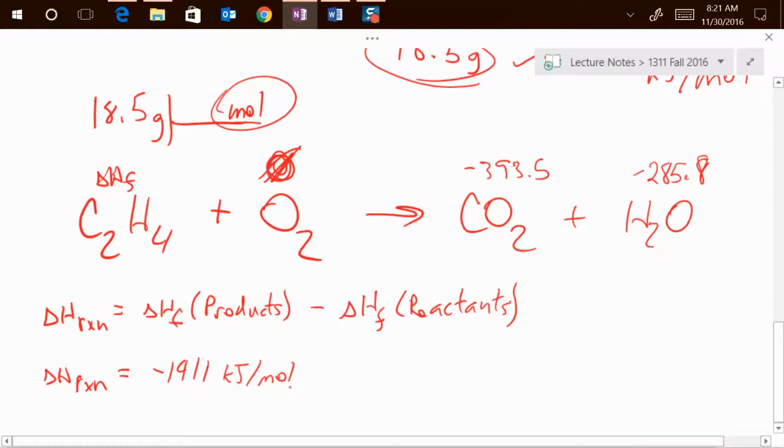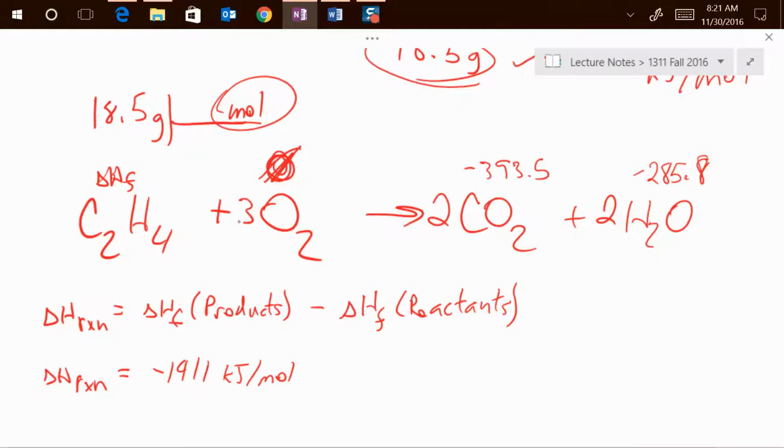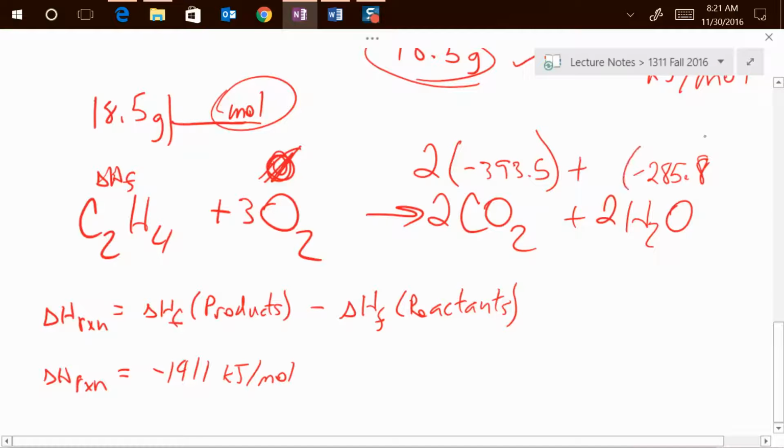So how am I going to solve for this? Yes, balancing is the very first thing I have to do, because this is not a balanced chemical equation. Now that I have a balanced chemical equation, what do I do? You multiply by the coefficient. These all have to be multiplied by their coefficients and added together on the reactant side, and then this is my X. That's what I'm looking for, right?